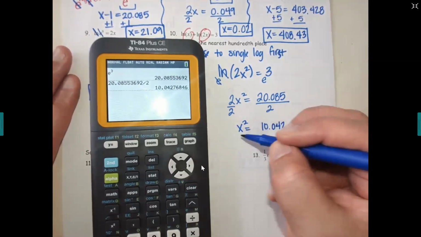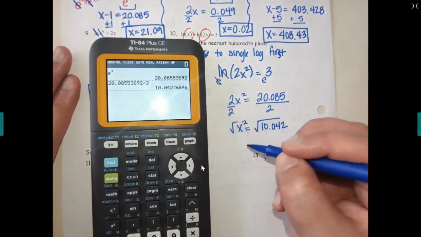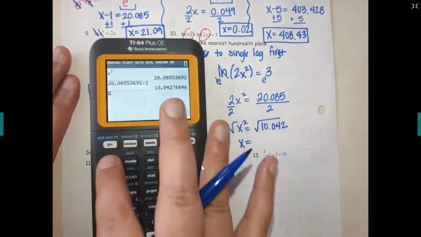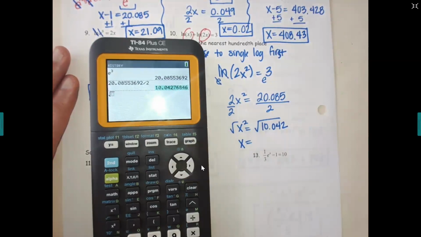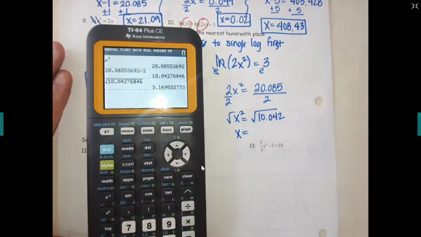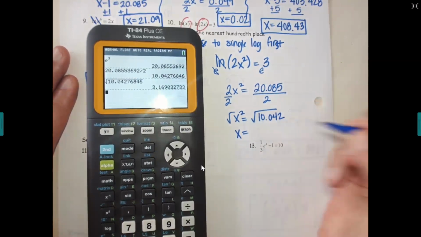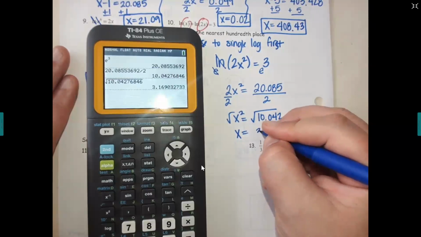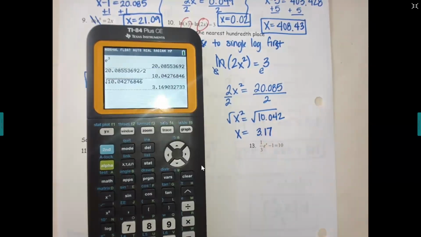Square root both sides. So I have x equals the square root of, you just highlight the number to pop it into the box. Okay, that comes out to 3.16 followed by a 9. How would I round that? 3.17. Now, question.